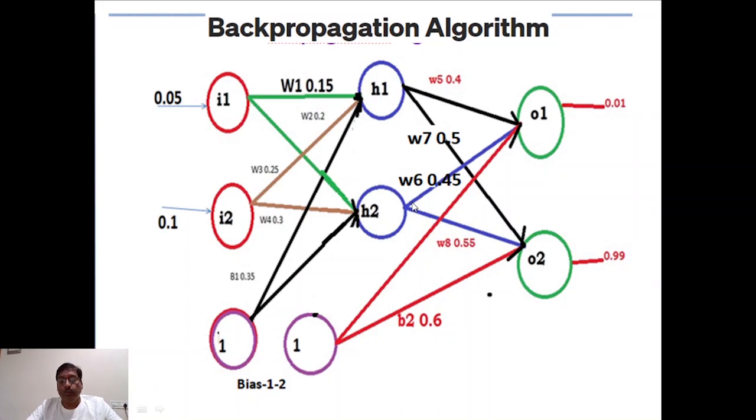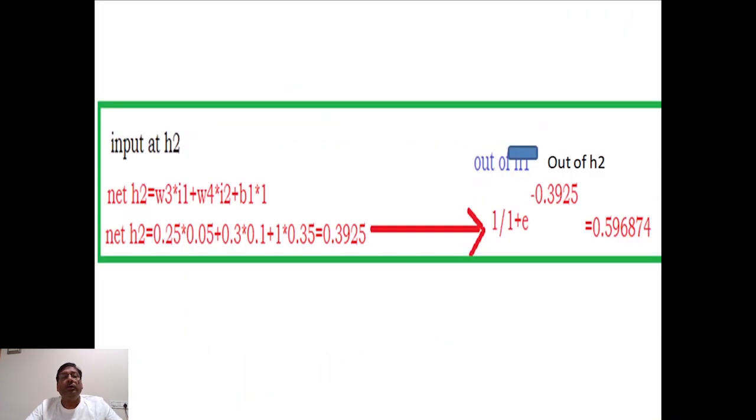Now in a similar way, we are going to perform the calculation for the input at H2 and the output of H2. Input at H2 equals W3 multiplied with I1 plus W4 multiplied with I2 plus B1 into 1. When you calculate the value after replacing W3, I1 and so on, you get 0.3925 and so on.